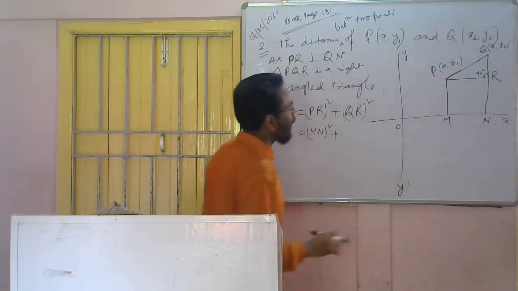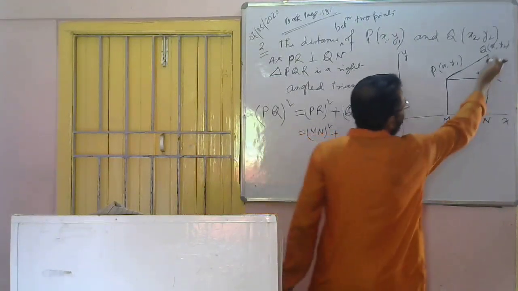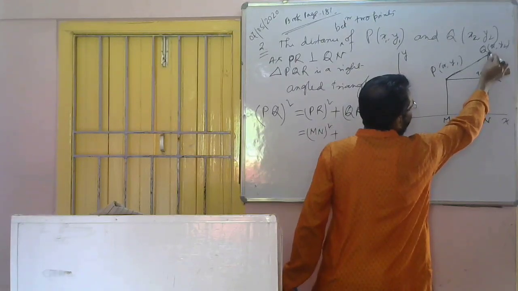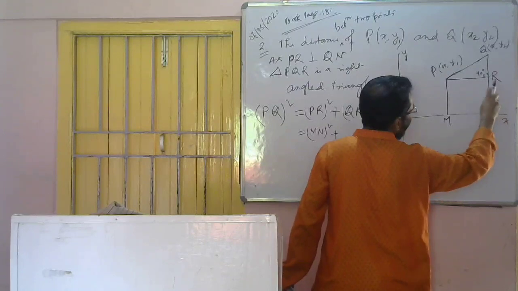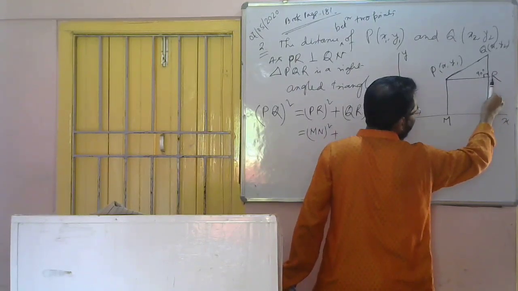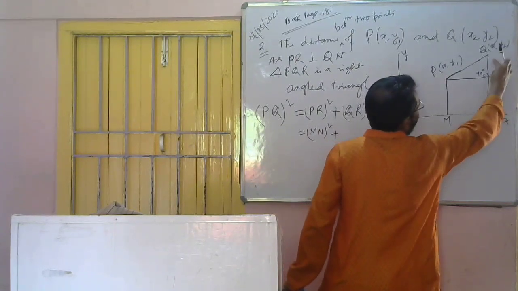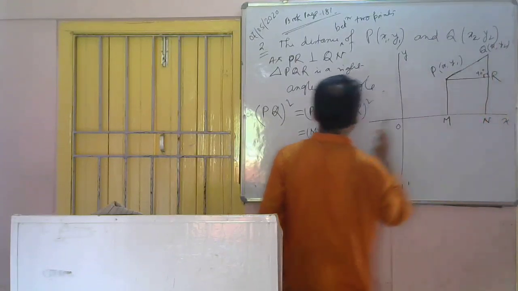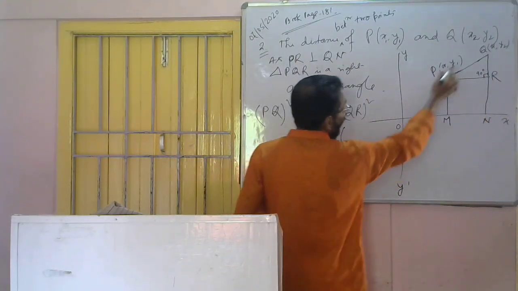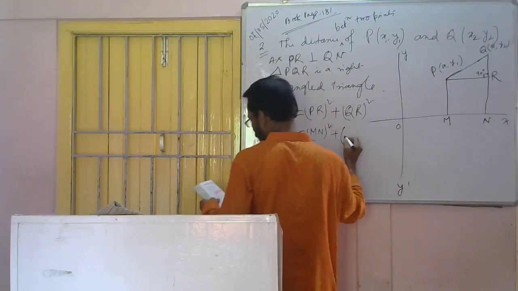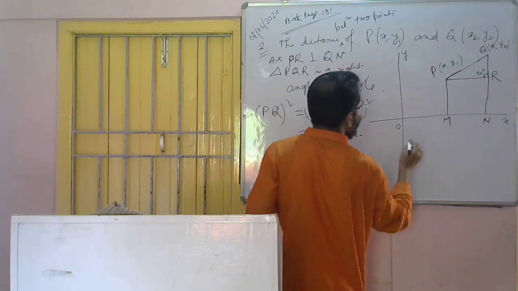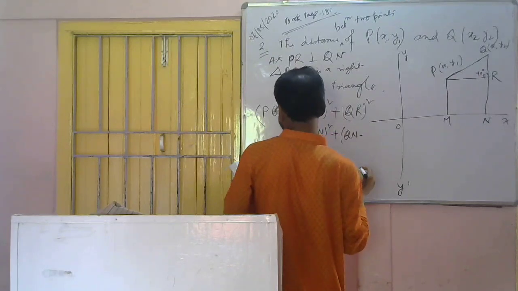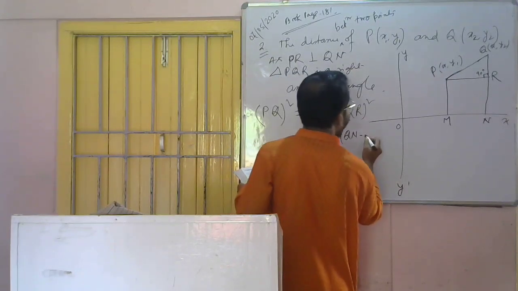From the figure you note that from QN, if we subtract this NR, then we are getting this distance QR. So QR is QN minus RN.